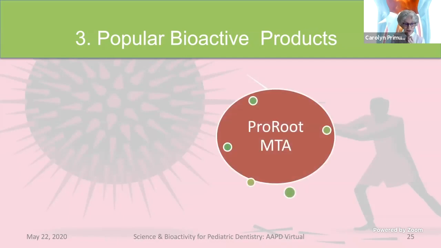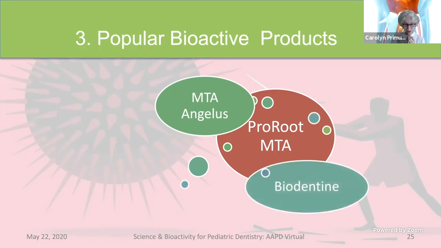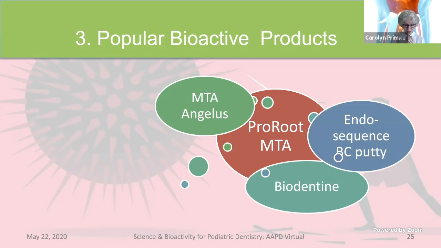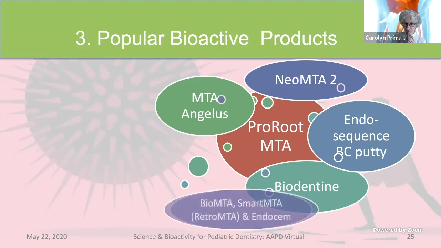There's ProRoot MTA. That was the original. It does contain bismuth oxide. MTA Angelus also came out in white and gray versions, also containing bismuth oxide. Then there was Biodentin, which doesn't contain bismuth oxide, but it's kind of pale on a radiograph. The expensive EndoSequence materials, and Neo-MTA2, which was designed with pediatric dentists in mind.